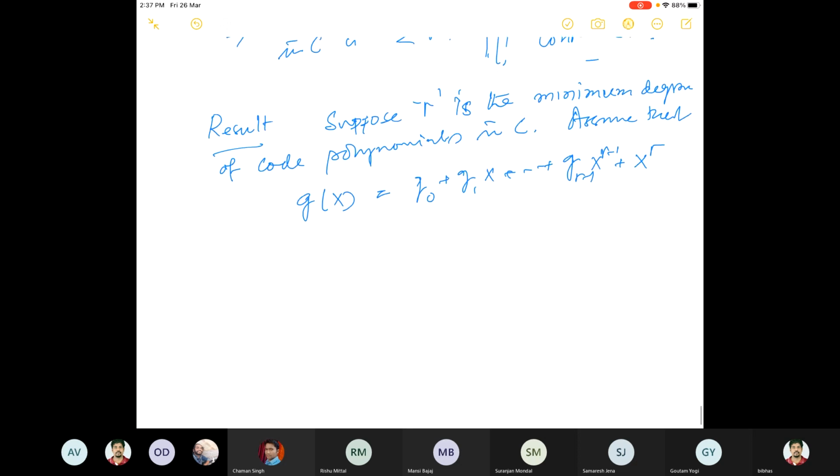Okay. Suppose this is that polynomial, which has this minimum degree, and because it is unique, suppose this is that code polynomial.